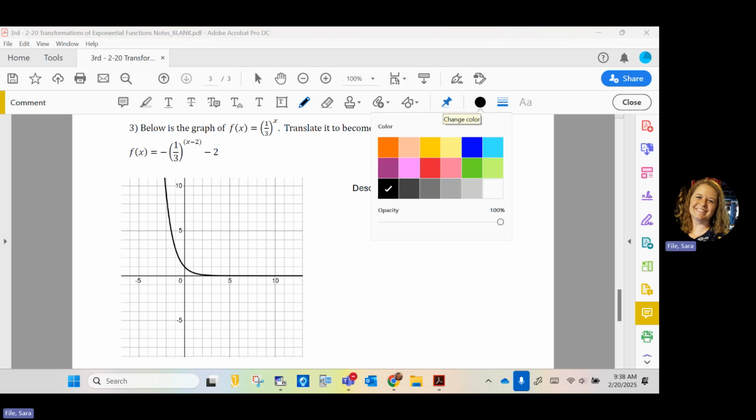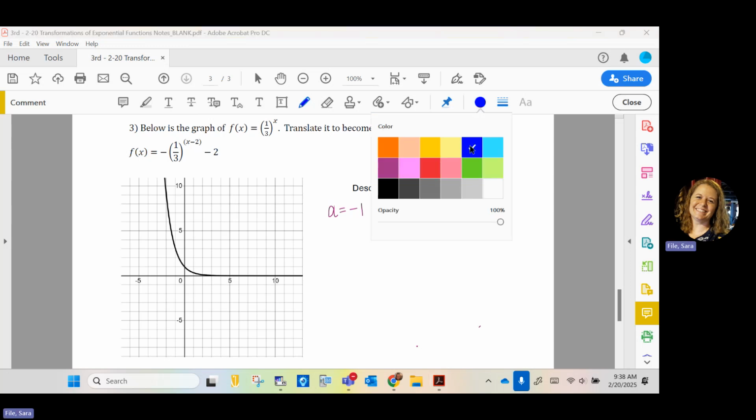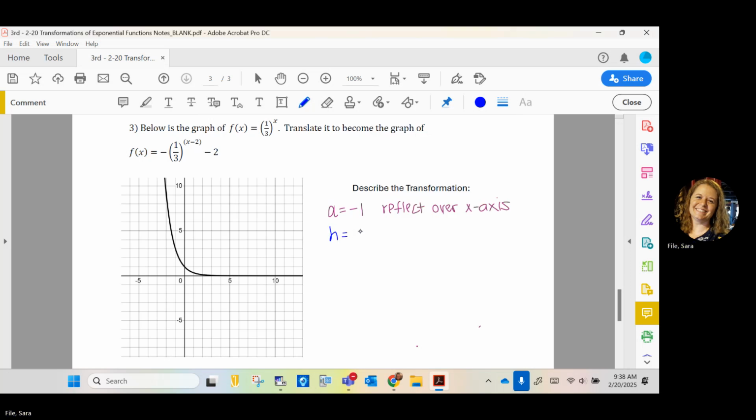Okay, so my a value is -1. There is no number written, but there is a negative here, so it's an understood -1. So this graph is going to reflect over the x-axis, but it's not going to stretch or compress. So reflection, yes. Stretch or compression, no. Okay, the h value is 2.